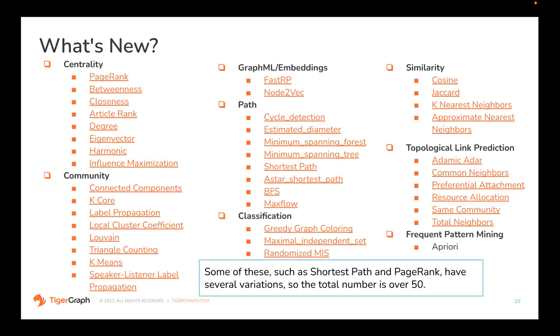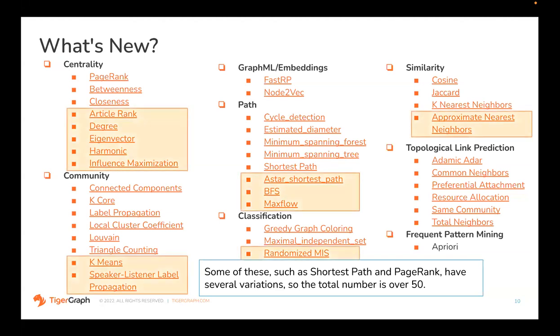How many different wrenches do you want? How many different screwdrivers do you want? They're all different, right? Different sizes, different heads, different weights. They perform different functions. So this is an overview of the library, but let me highlight what's new.